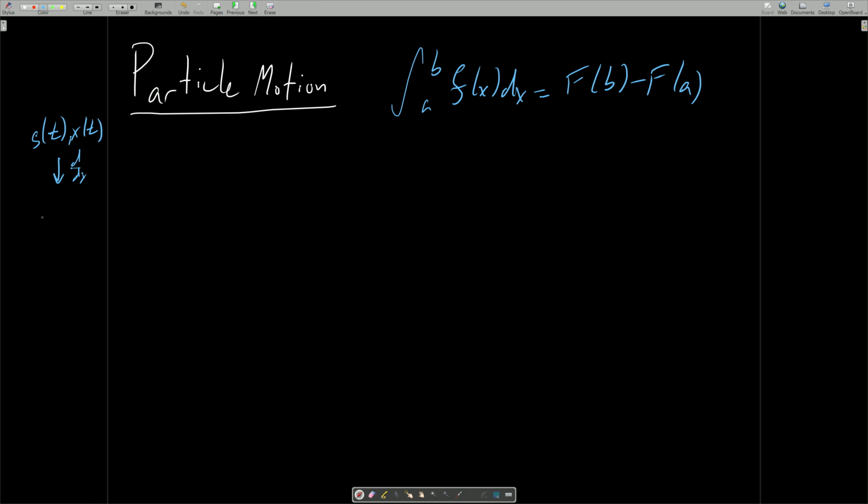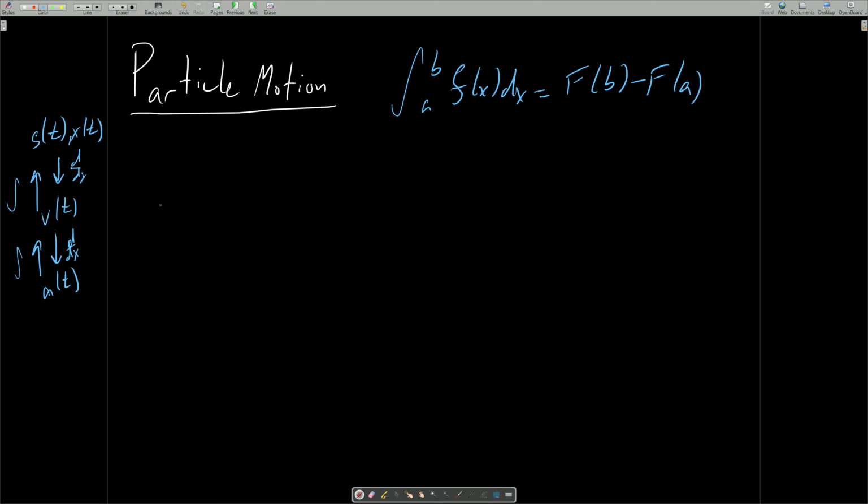The derivative of position is velocity, and the derivative of velocity is acceleration. Going back the other way, the antiderivative of acceleration is velocity, and the antiderivative of velocity is position. So you may also see particle motion problems that involve integration.